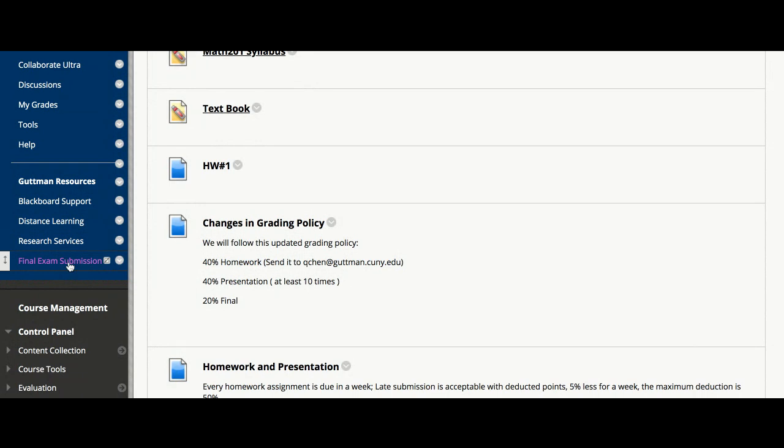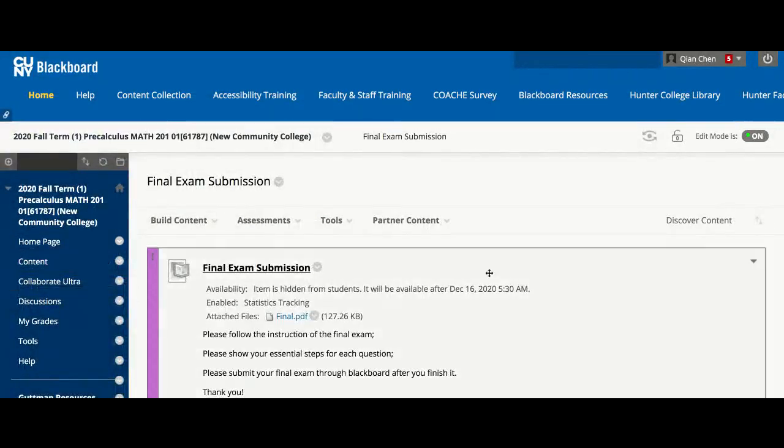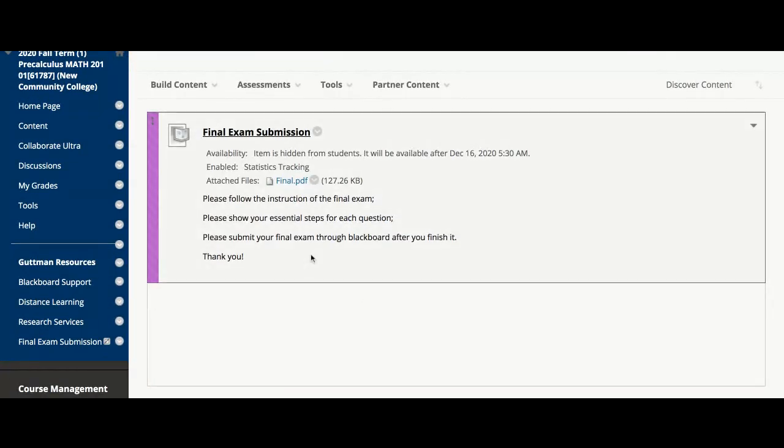Let me open it for you. When it opens, you will see a final exam PDF file, and it has instructions to tell you how to submit your final.